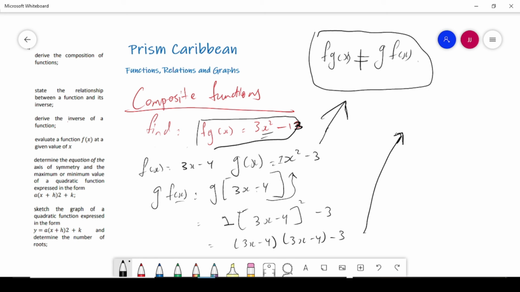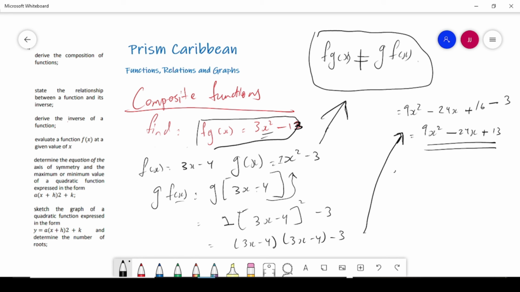and we expand it. So this will give us 9x squared minus 24x, right, plus 16 minus 3, right, which will obviously give us 9x squared minus 24x plus 13.